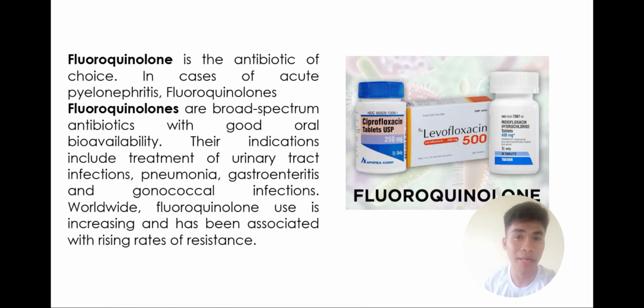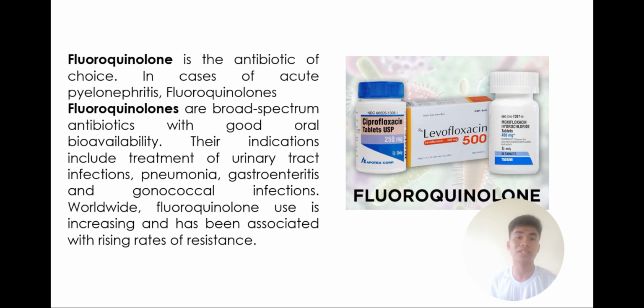Next we have the fluoroquinolone. You just see the picture. This is also a medicine for UTI. Fluoroquinolone is the antibiotic of choice in cases of acute pyelonephritis. Pyelonephritis is the infection of our kidney. Fluoroquinolones are broad-spectrum antibiotics with good oral bioavailability.